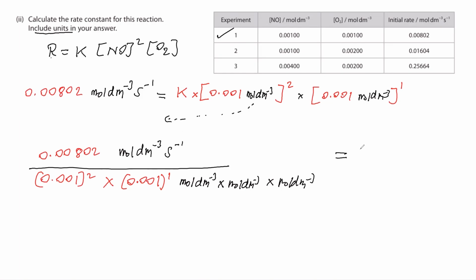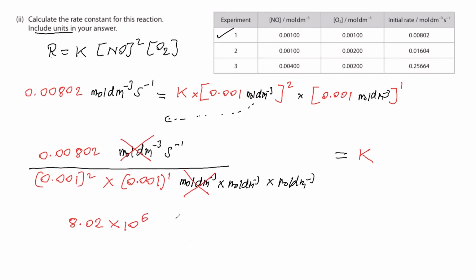Okay, now we have everything on one side. Now let's simplify it. This mole per cubic decimeter and this mole per cubic decimeter we can cancel out. When you do the simplification, we get the answer as 8.02 times 10 to the power 6.